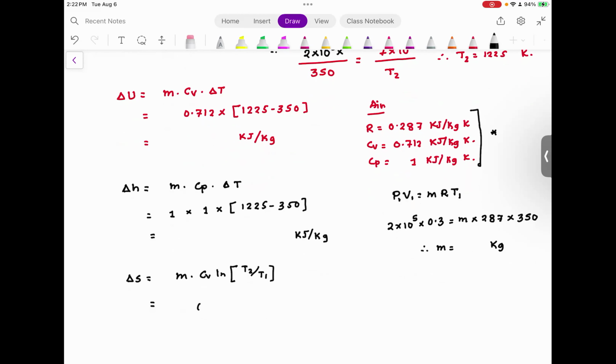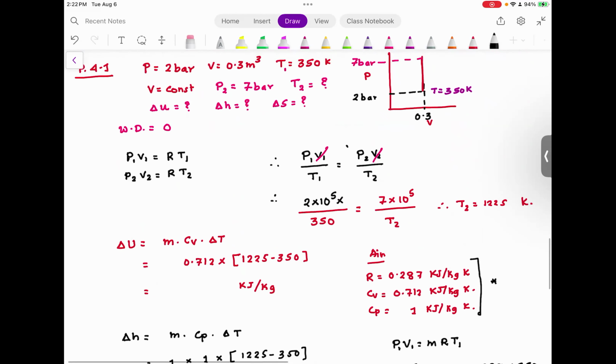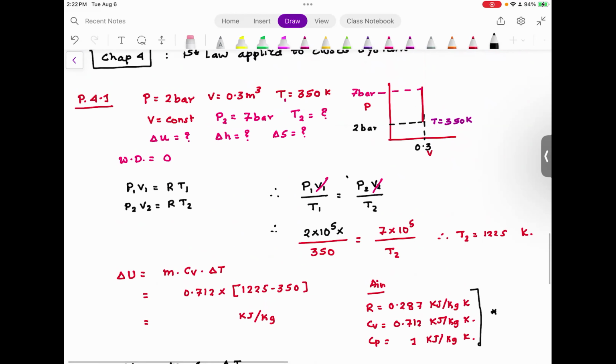Cv is 0.712, ln of T2 over T1 is 1225 divided by 350, in kilojoules per kg. Let me explain this problem one more time. In this problem, we have a constant volume process.